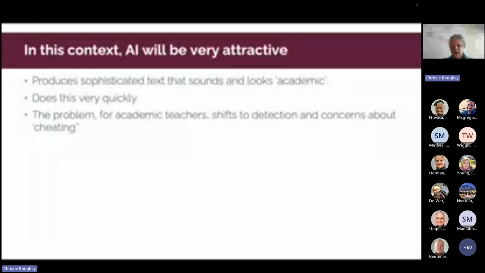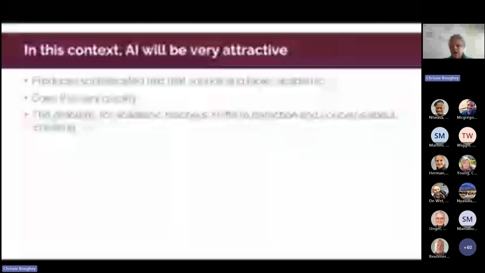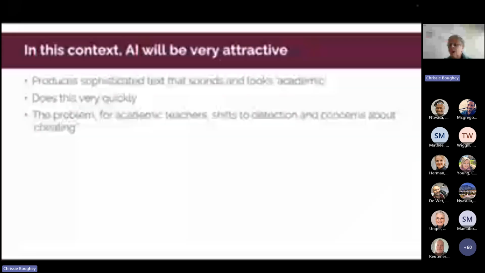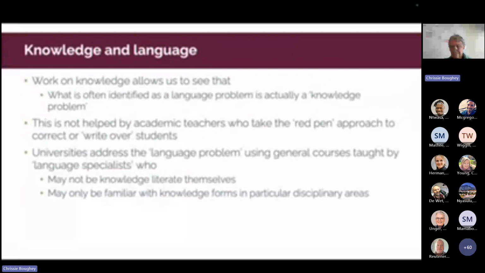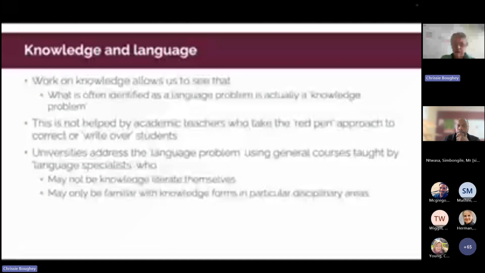But if we're focusing on detection and concerns about cheating rather than the knowledge itself, then I think we've got a big problem. So altogether, I don't know how much sense I've made. I hope I've made some sense.